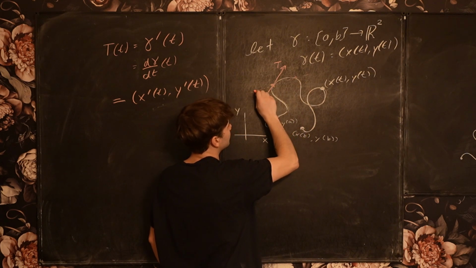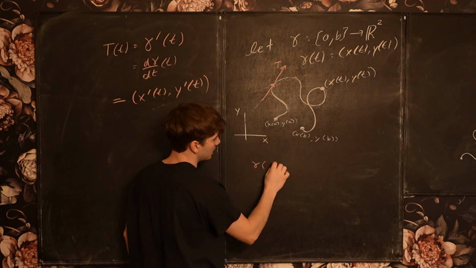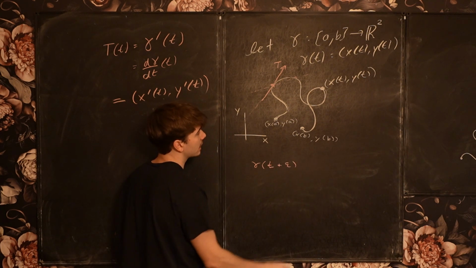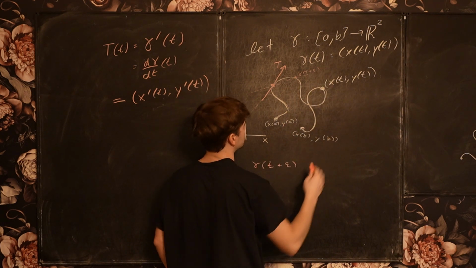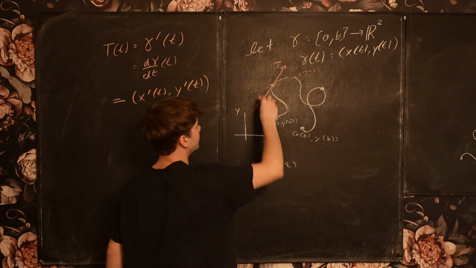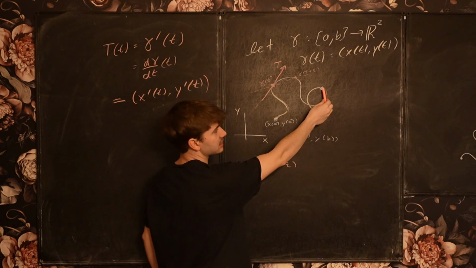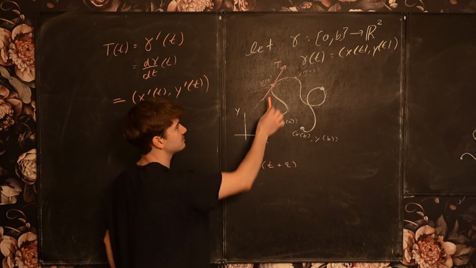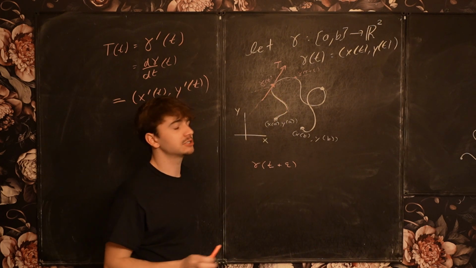So if I first take a secant line where I look at gamma of t plus some small number epsilon, so here's gamma of t plus epsilon, here's gamma of t. I apologize, I previously wrote this point as being gamma of t, but now I'm abusing notation and saying this is my gamma of t. But hopefully the intuition is clear here.